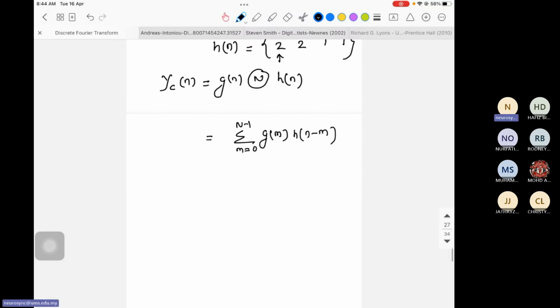To calculate this circular convolution, we will make a table.